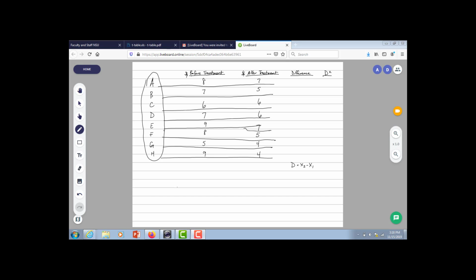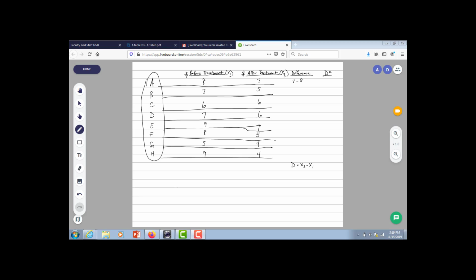Before treatment is usually characterized as x1, and after treatment is usually characterized as x2. See here that we're utilizing subscripts as a means of differentiating one instance of the variable being measured from the other instance. So for each participant, you'll go x2 minus x1.